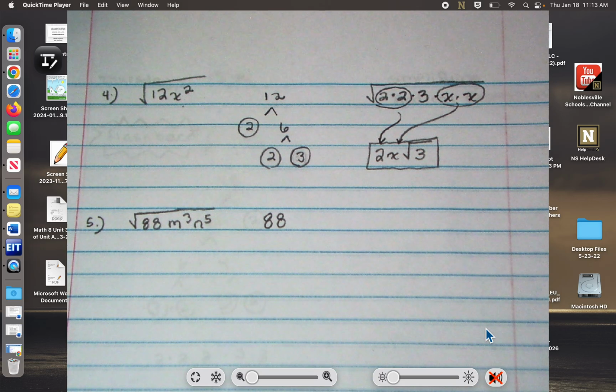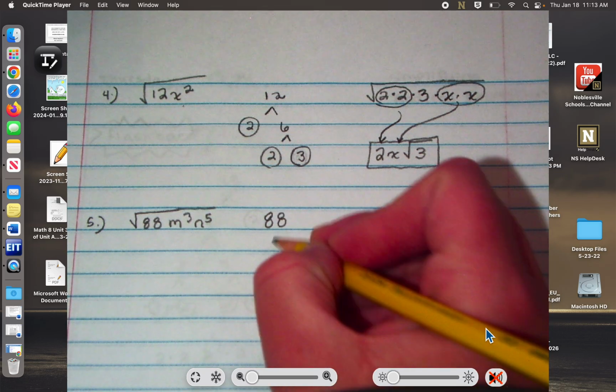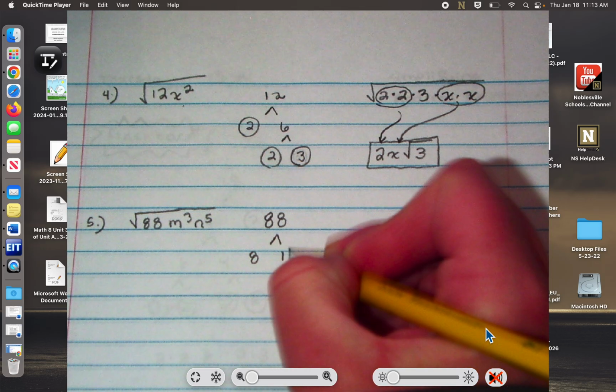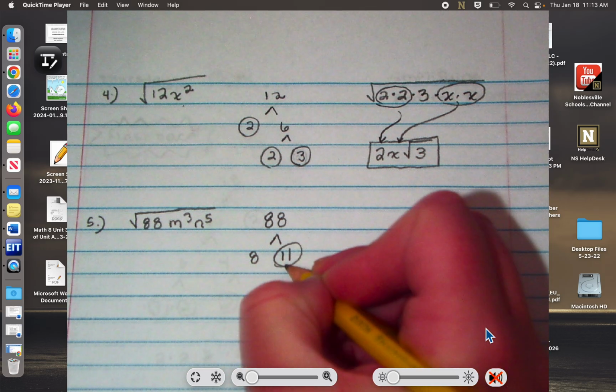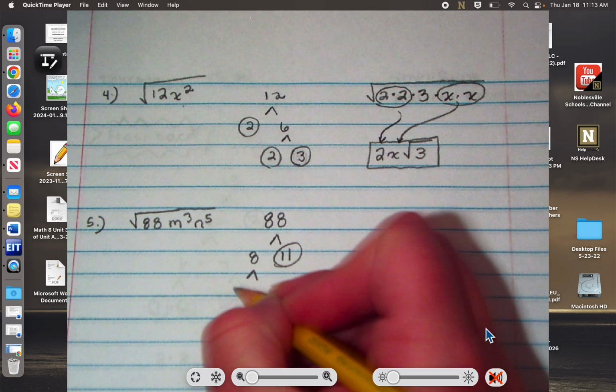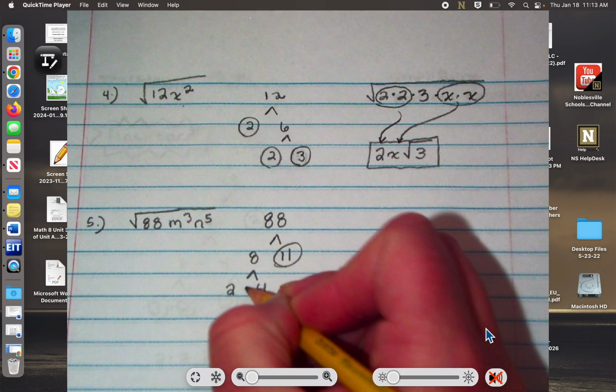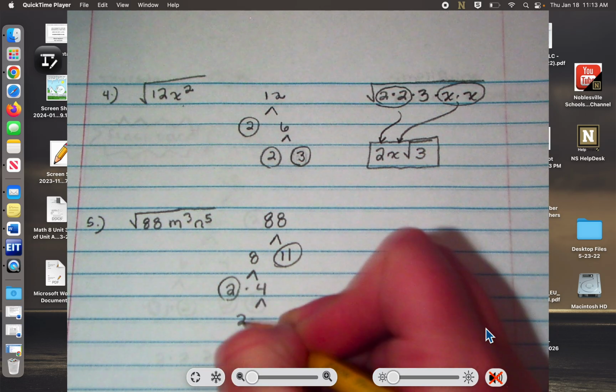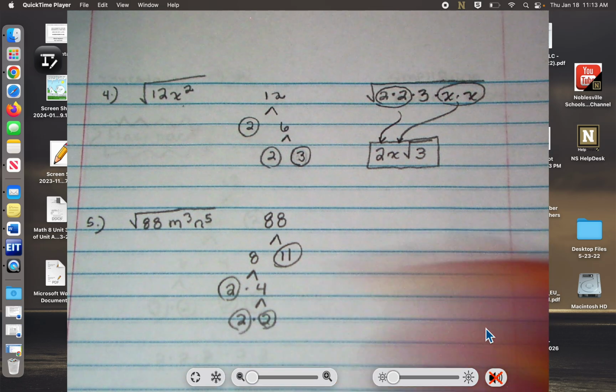Okay, so I'm going to do 11 and 8 because I just feel like the number 11 gets ignored a lot. 11 is a prime number, so it stops right there. 2 and 4. 2 and 2.